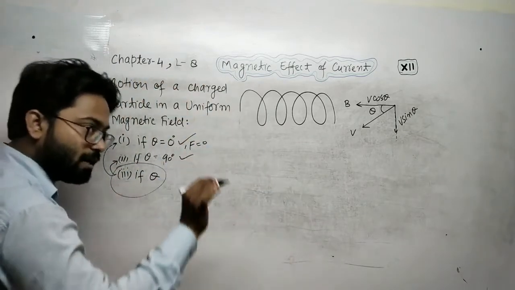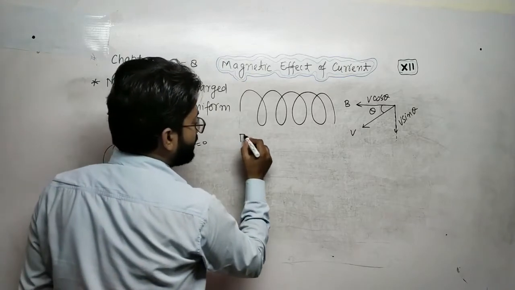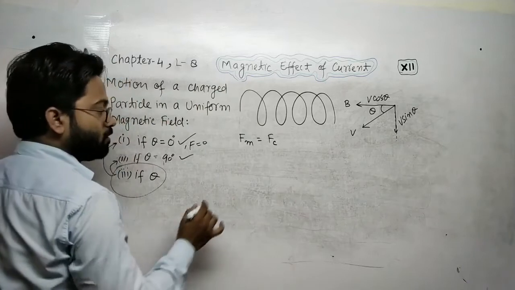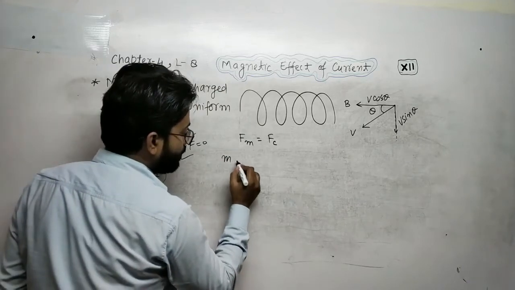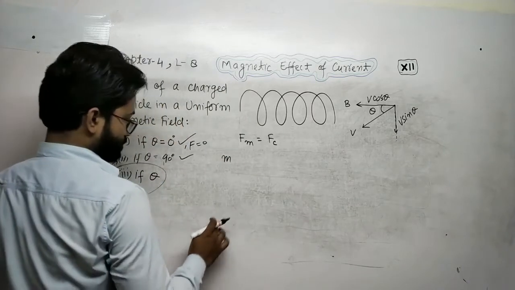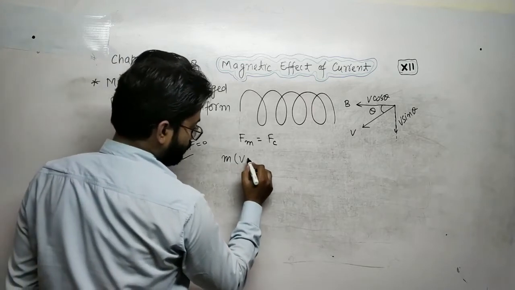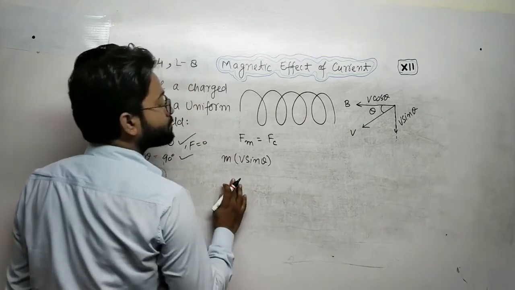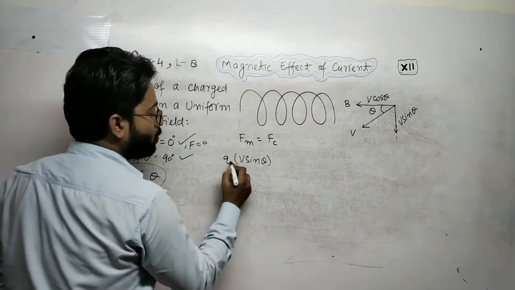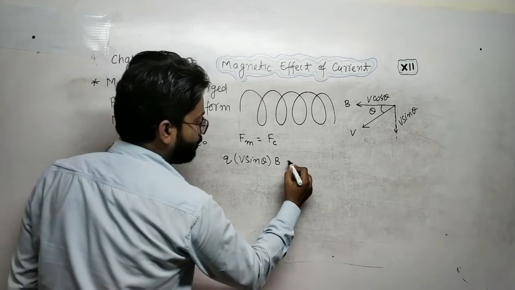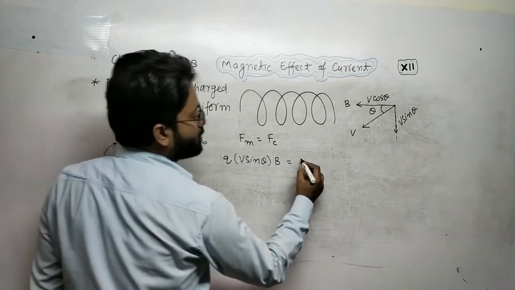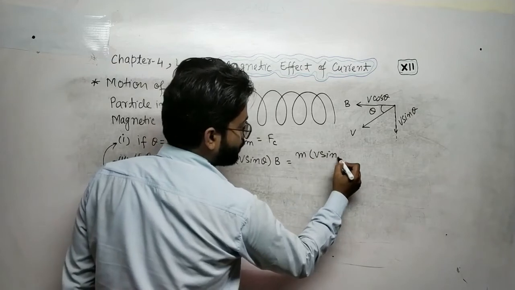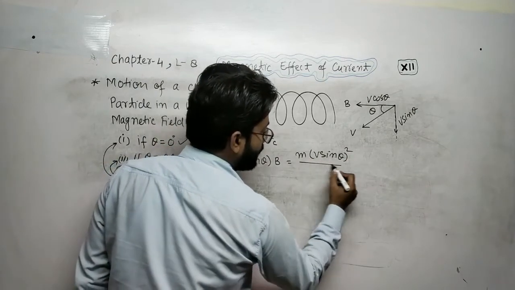When the charged particle is rotating, the magnetic force and centripetal force will be equal. Magnetic force is q v b, which equals m times (v sin theta) whole square upon r.